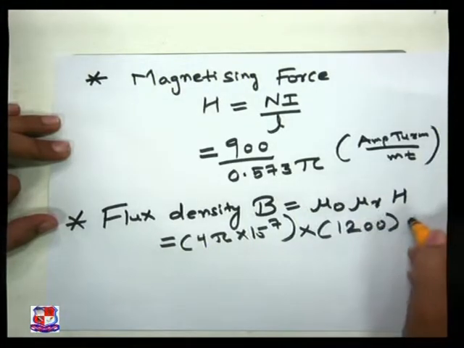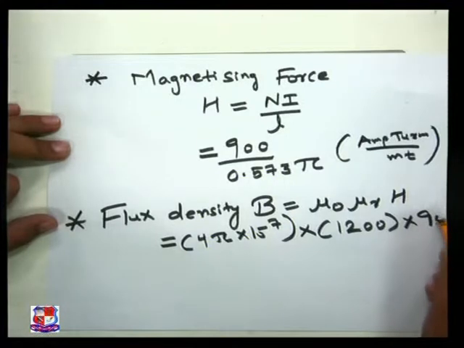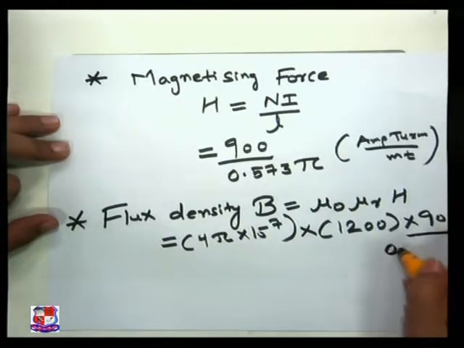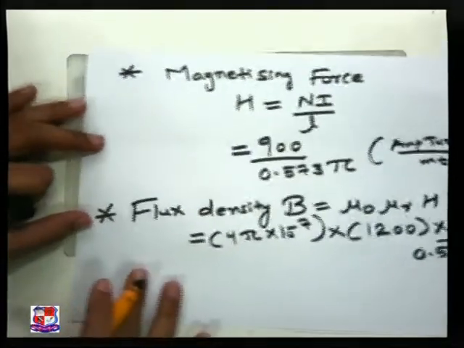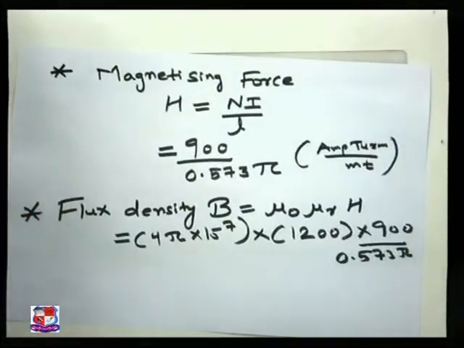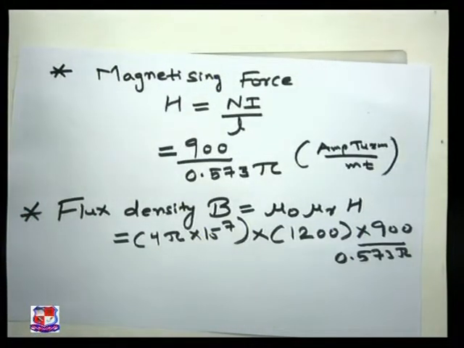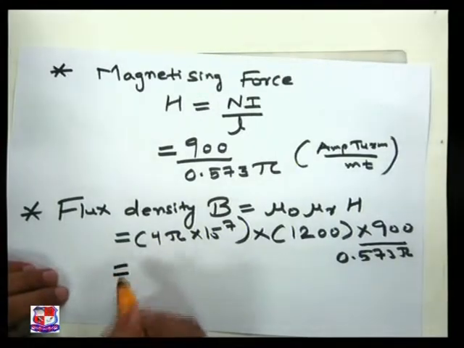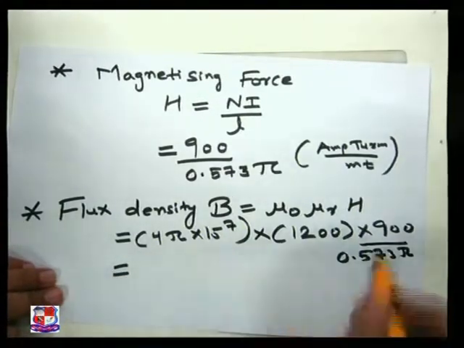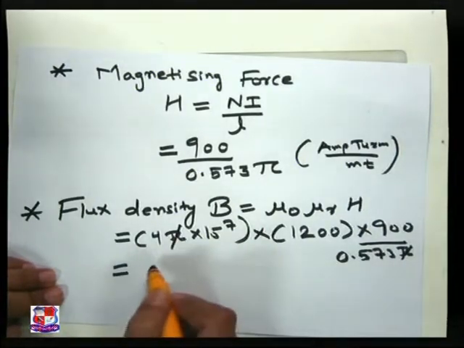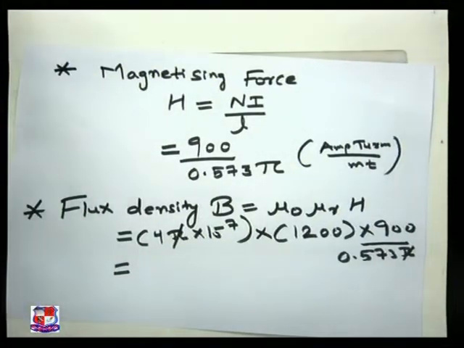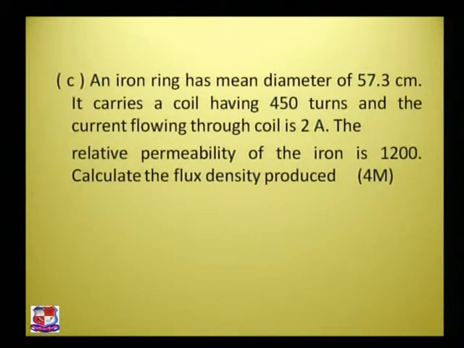And H we have calculated just before, 900 divided by 0.573 pi. So this is the final equation, right? So we have to calculate the flux density B. It is easy, pi will get cancelled from here, right? Then finally with the help of a calculator you can calculate this question.